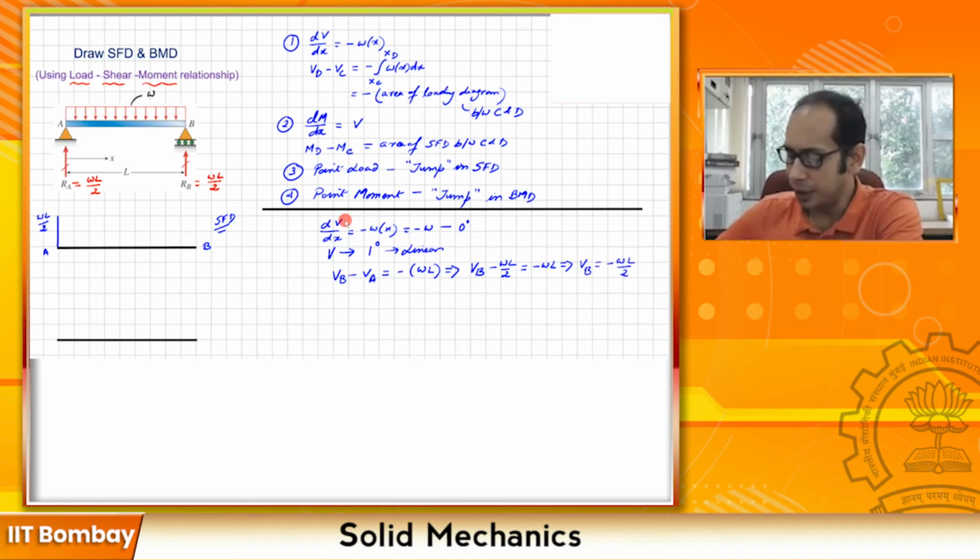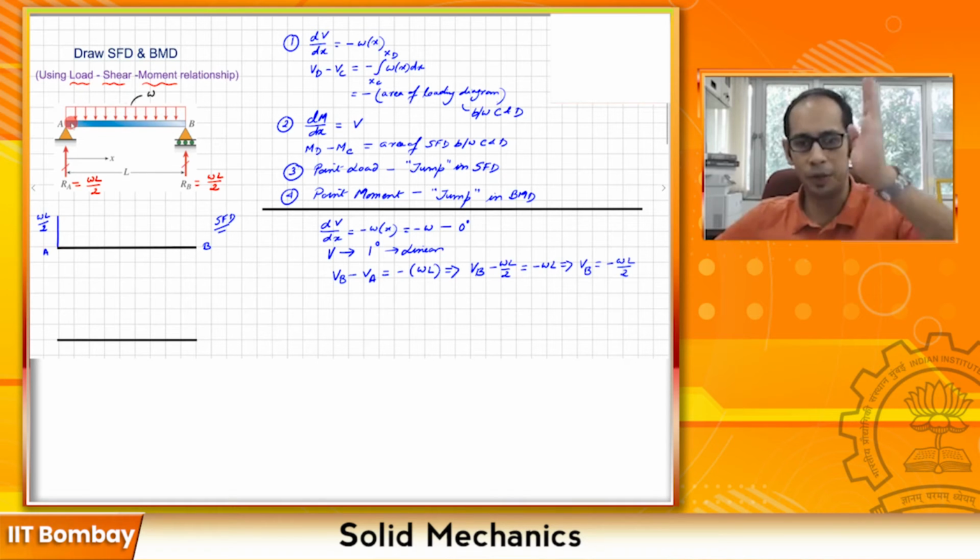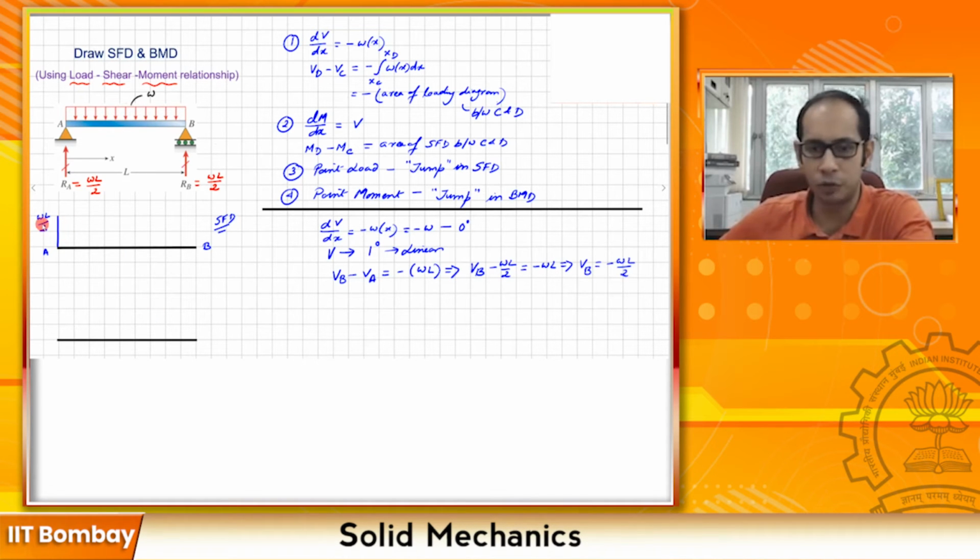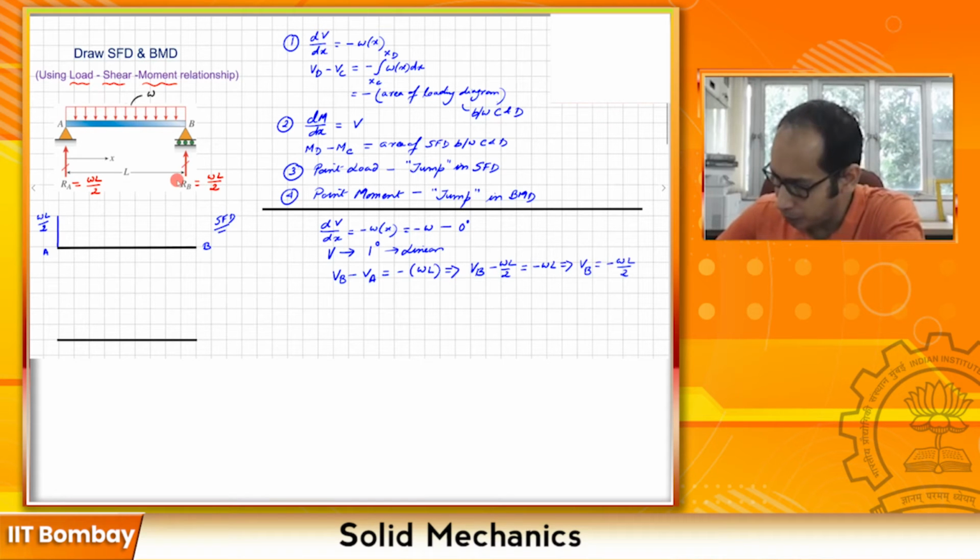Right? So here at A, because of this reaction, I don't have any option but to have a pointed upward force WL over 2. And I have found out that at the point B, it is going to be minus WL over 2 over here. So let's go ahead and mark that particular line as well.